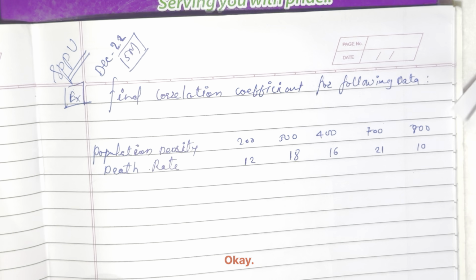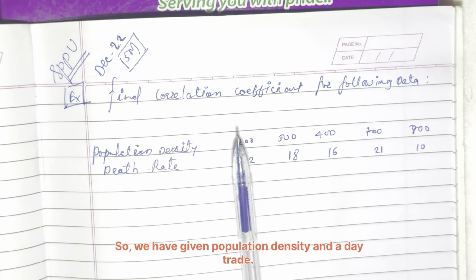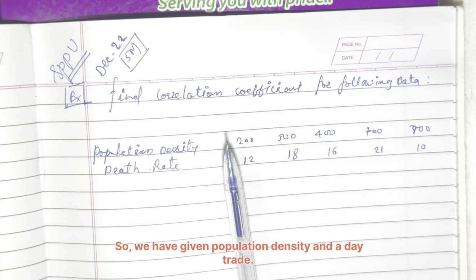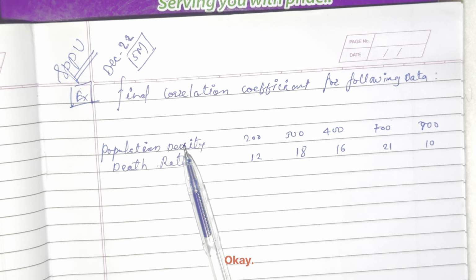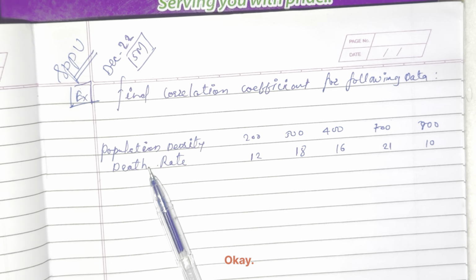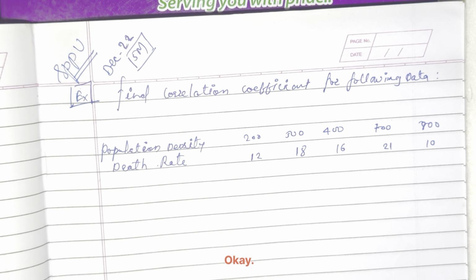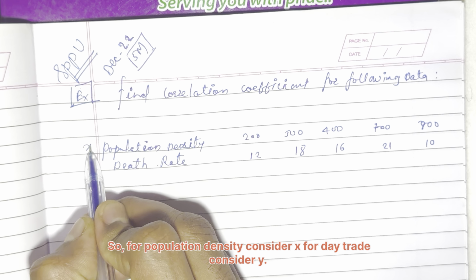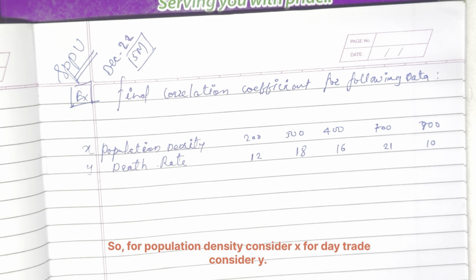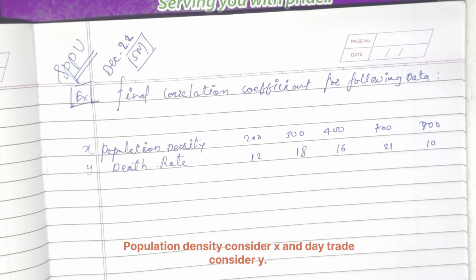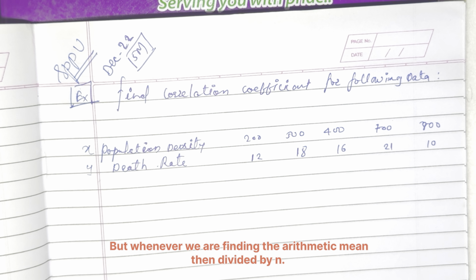We have been given population density and death rate. Now consider some variables so that we can easily plot the table. For population density consider x, and for death rate consider y. Whenever we find their arithmetic mean, we divide by n.